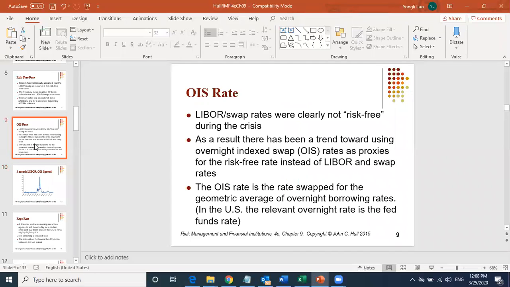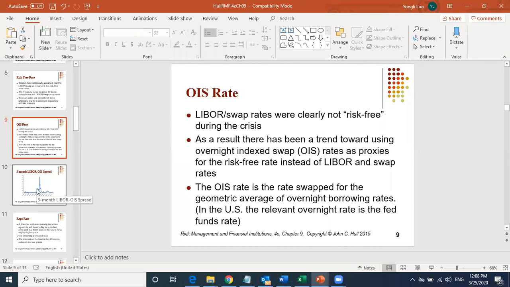Typically we see the LIBOR and the swap rate, and the trend is towards using the overnight index swap rate as a proxy for the risk-free rate instead of LIBOR and the swap rate.